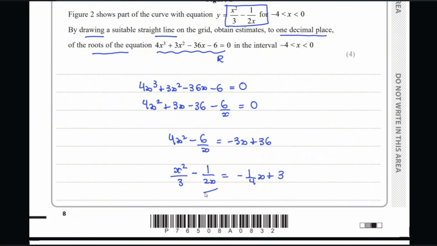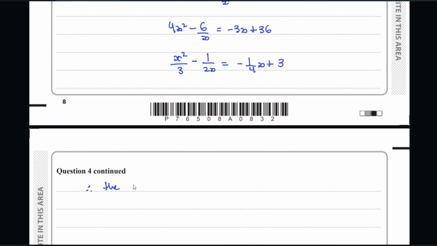Now we have this curve equation drawn on the graph, and we just need to draw this linear equation, the straight line equation, on the graph, and we have to find the intersection points. So the straight line equation is y equals minus 1 over 4x plus 3, which means the y-intercept is 3 and the gradient is negative 1 over 4.